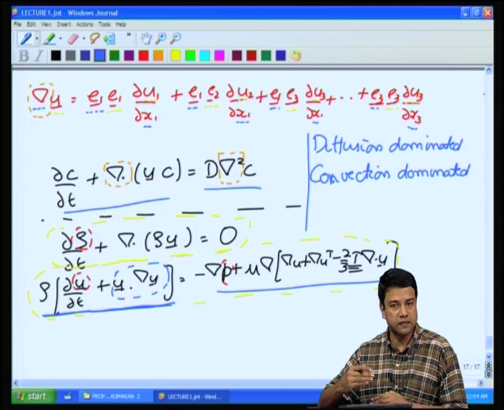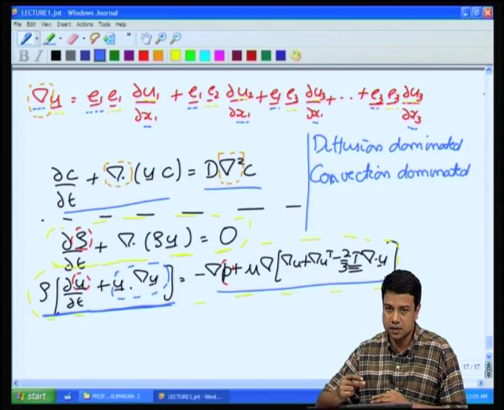Even though convection is dominating, still as you go very close to the surface, the molecular diffusion mechanism has to kick in for transport to take place, and therefore diffusion will still be important over a small length whose thickness is determined in such a way that over this length scale there is a balance between convection and diffusion.